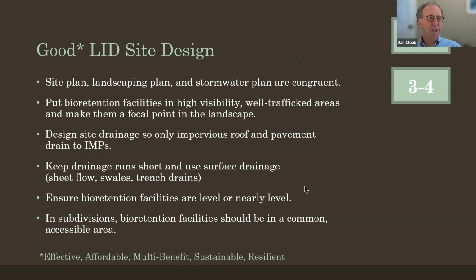The reason is that as soon as you put a flow that has any energy into it, and the surface of that mulch and that bioretention soil are exposed to movement, you end up with your mulch and some of your soil down at the downstream end of your bioretention facility. I'm sure there are folks here who have gone by after a 5-year or 10-year event, gone out and done the tour of the bioretention facilities and seen the amount of movement that occurs.